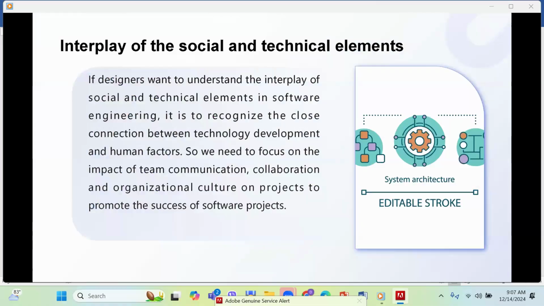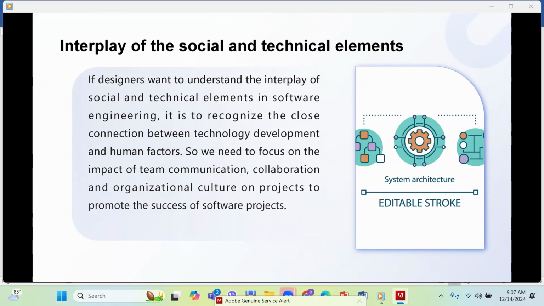We need to think about the interplay of the social and technical elements. If designers want to understand the interplay of social and technical elements in software engineering, they need to recognize the close connection between technology development and human factors.